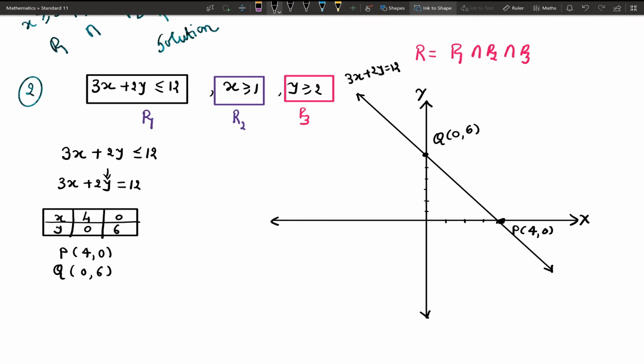Now, lower side or upper side, let us verify which one is region R1. For simplicity, as we know the origin 0, 0, we take the coordinates of the origin and put them in the inequality. 3 into 0 plus 2 into 0 is 0, which is less than or equal to 12. That means the coordinates of the origin satisfy it. So the inequality is a slack inequality.